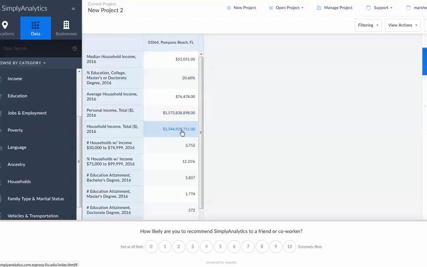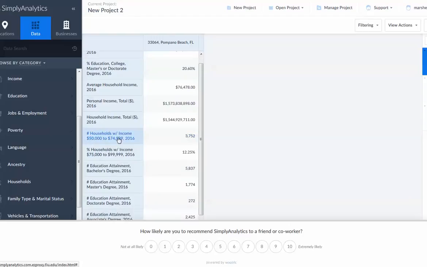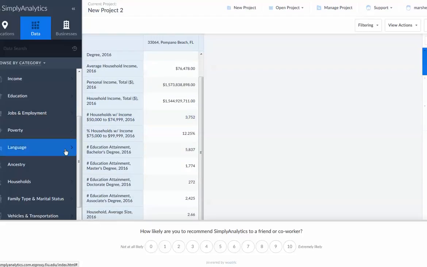And the total household income is roughly $1.5 billion. The number of households with incomes in that bracket that I was looking at, 50 to 75,000, is 3,752. Things are looking good for finding a middle income sort of group of people in here.